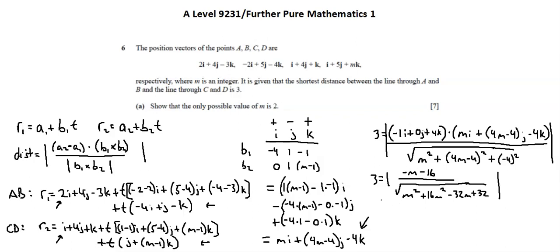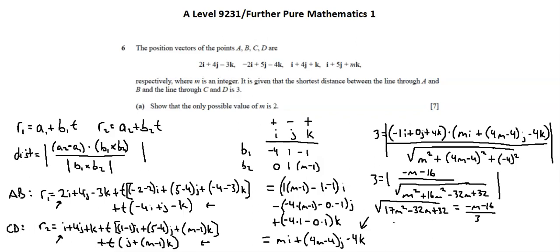Now I'm going to momentarily disregard absolute value, and I'm going to cross multiply to end up with the right side denominator as the left side numerator. So that is going to be the square root of m squared plus 16m squared is 17m squared minus 32m plus 32 equals, and on the right I have negative m minus 16 over 3. The result of dropping the absolute value notation is now that if that negative m minus 16 produces a negative value, my equation won't work.